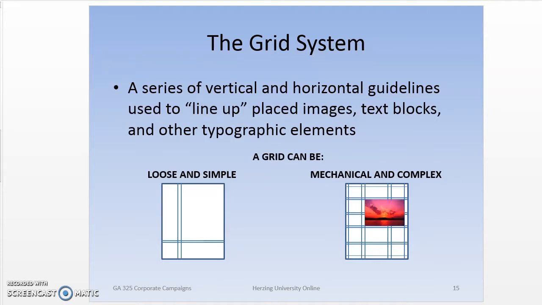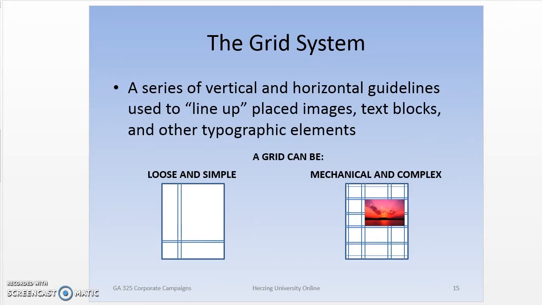These guidelines are used to align and place these graphical elements in an organized and neat manner. These horizontal and vertical crossing lines form boxes, triangles, or rectangles, and they're called modules. Items are placed in one or more of these modules, with margins or gutters taken into consideration as well.